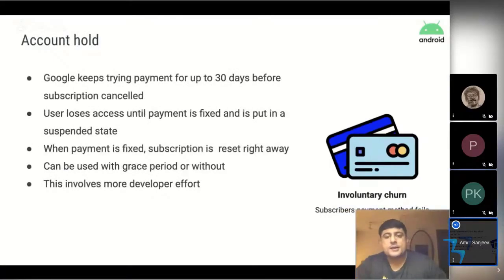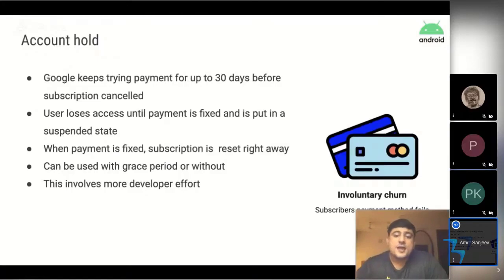The second one is account hold. Account hold is for extending the time Google keeps trying to get the payment completed, and you can extend it up to 30 days before the subscription gets cancelled.